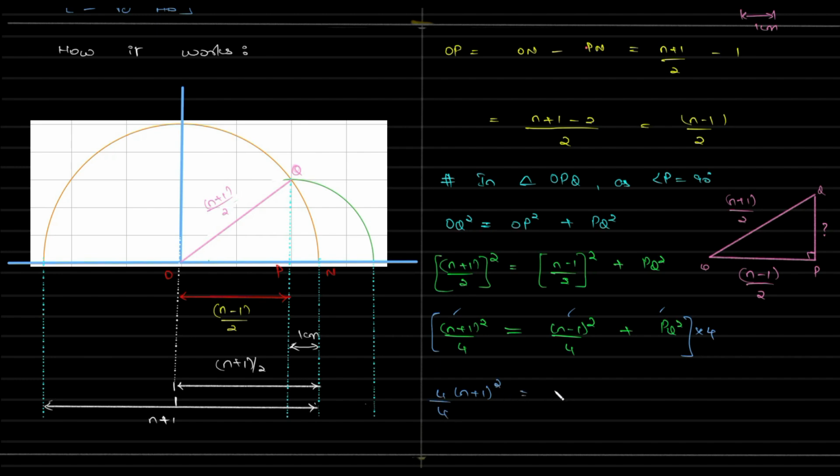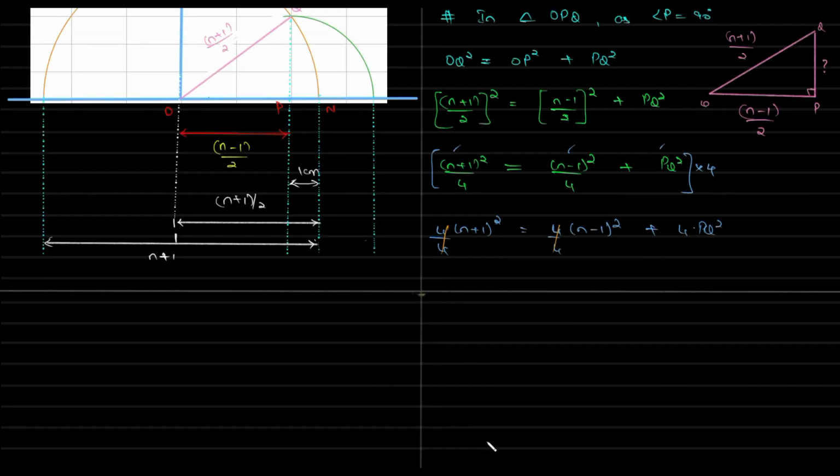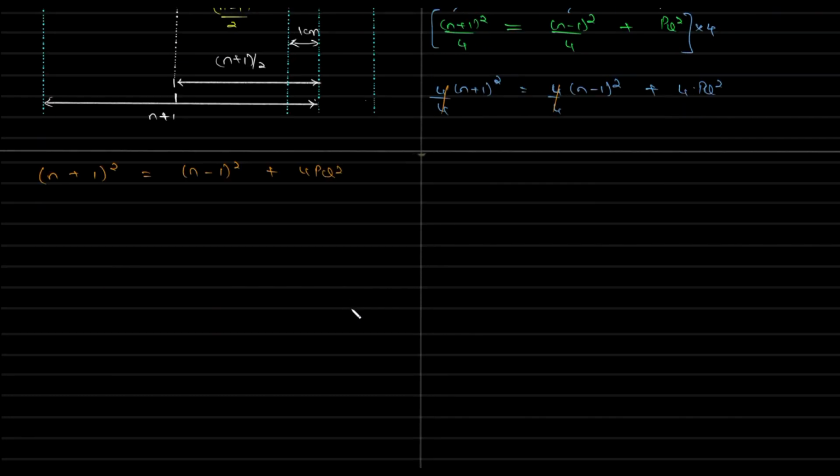Again, all this is nothing but commutative law. So we are looking at cancellation, and that's it. So we have (n plus 1) the whole square is equal to (n minus 1) the whole square plus 4 PQ square.